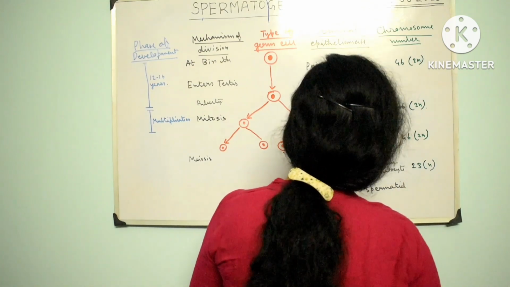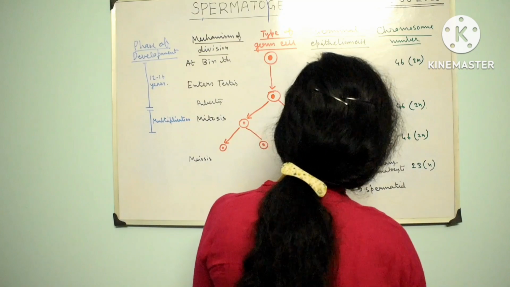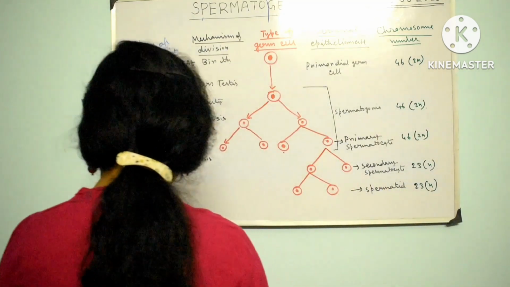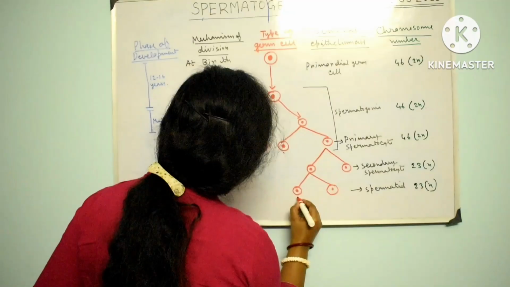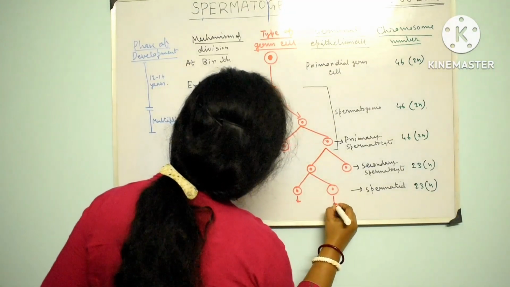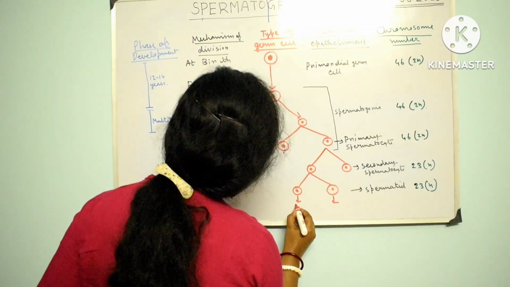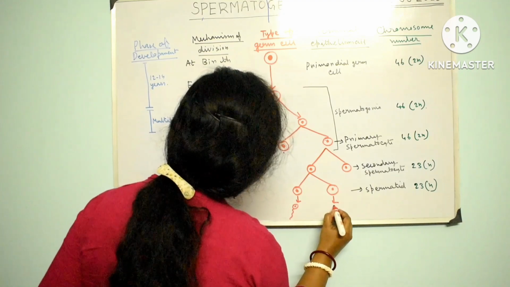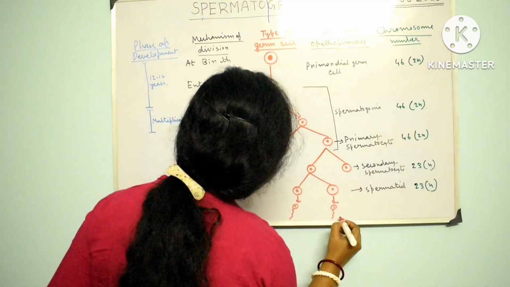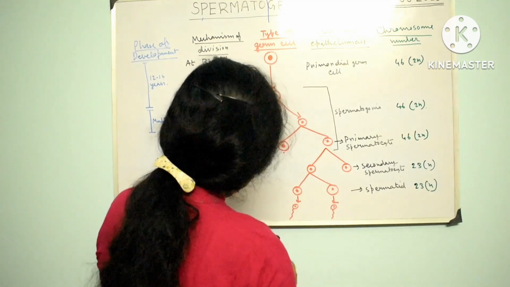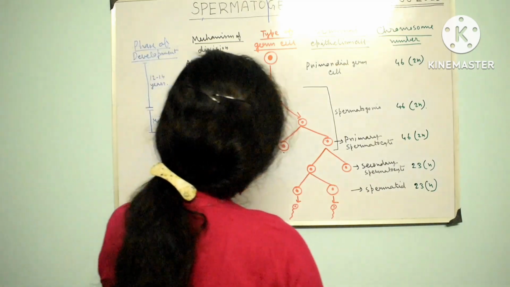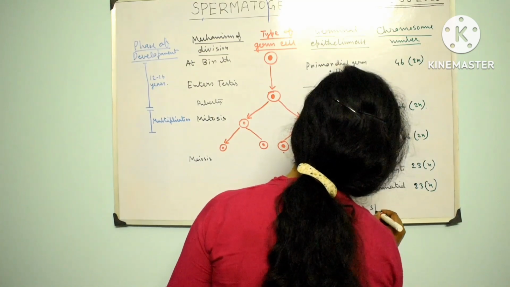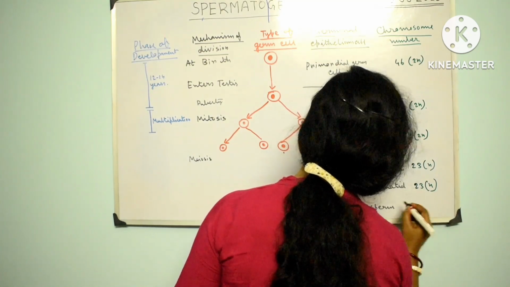And here the chromosome number is 23n, and this spermatid can give rise to a tail, and by means of metamorphosis, this one is now known as sperm.